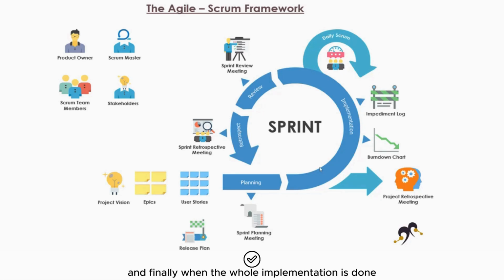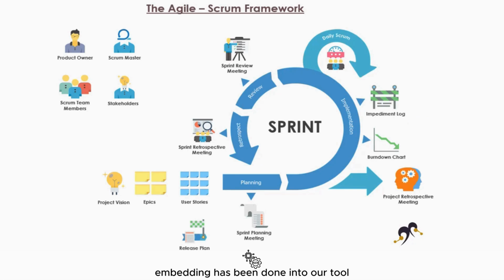And finally, when the whole implementation is done, we do a review cycle of all that was delivered as user stories into the real product. And finally, we also sit down and do a retrospective in terms of lessons. When we did this whole sprint, what did we learn from it? And those lessons are also applied back again into the next cycle of the iteration or next cycle of the sprint.